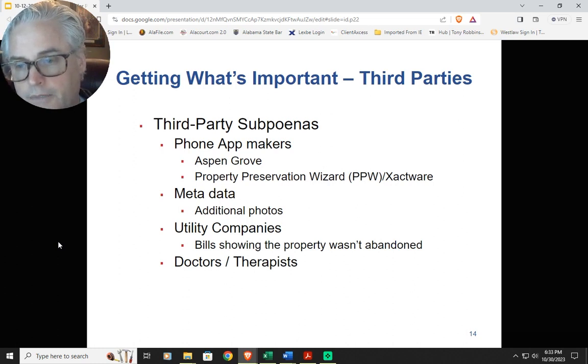Also, a lot of companies use PPW, Property Preservation Wizard, or Exactware.